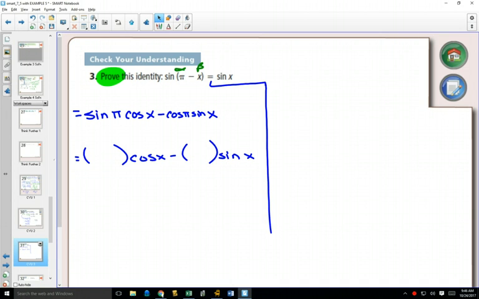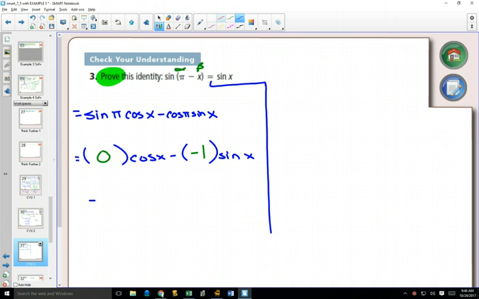Sine of pi, think y coordinate at pi. It's 0. What's cos of pi? -1. Okay. 0 times anything is 0. So this is going to be 0. And here we have a negative, negative.